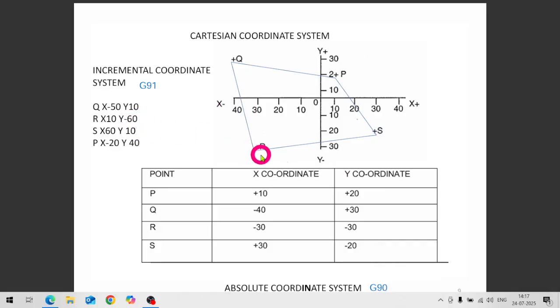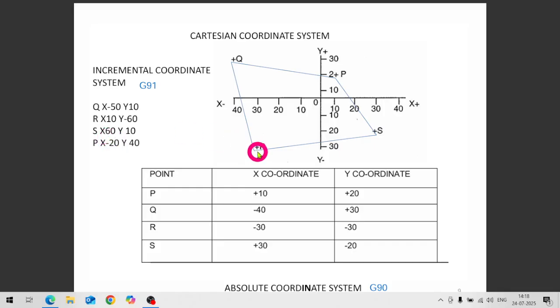So the next point is S. For the S point, R will now become the origin in incremental mode. This will be our X0, Y0. If this is X0, Y0, then how far is S from this point? This is 30 mm, and again it is also 30. 30 plus 30, 60. So X will be 60.